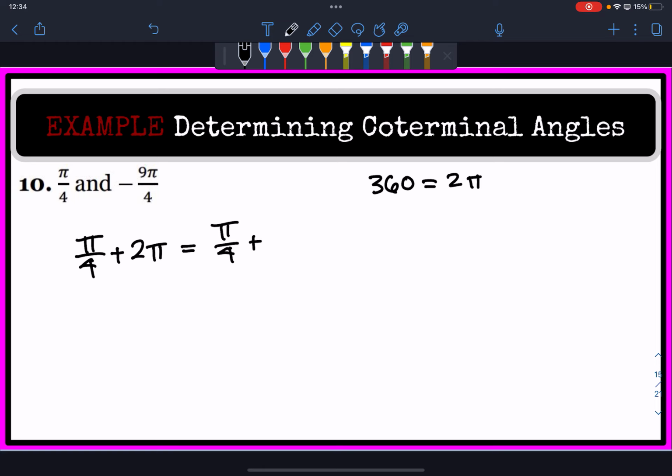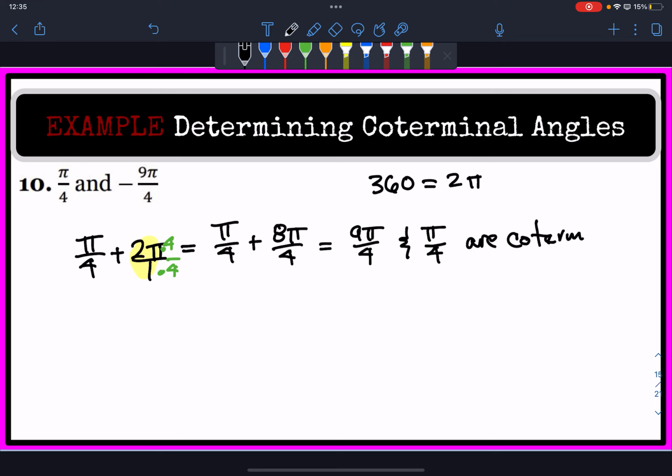I need my denominators to be the same, so I'm going to multiply this second fraction by 4 over 4. And we're going to end up with 8 pi over 4. So now adding these together, that adds up to a total of 9 pi over 4. So 9 pi over 4 and pi over 4 are coterminal angles.